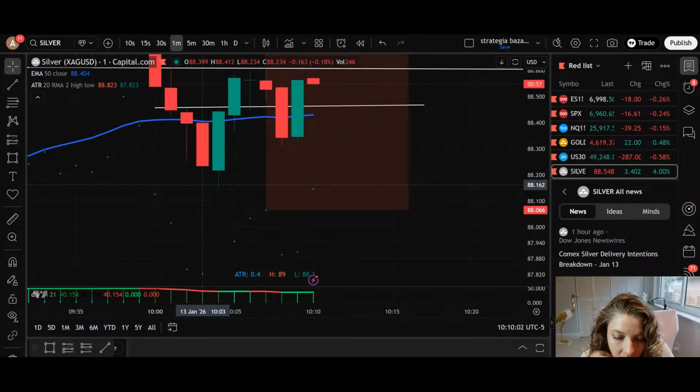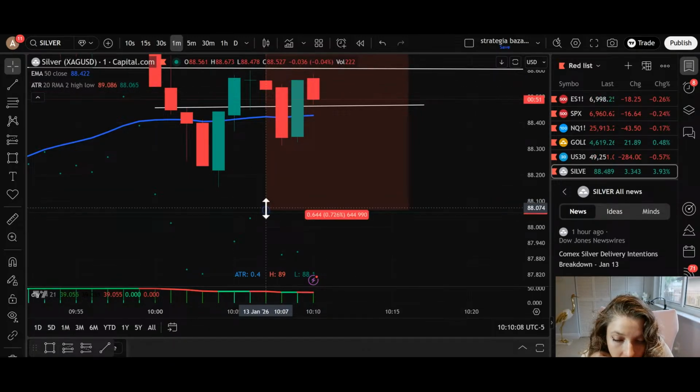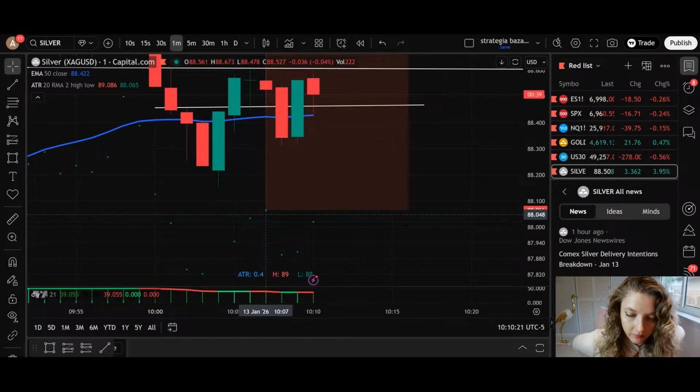I want to put it a little below. So here, you see ATR shows you the average it can possibly go, something like that. I don't know how to explain, but yeah.